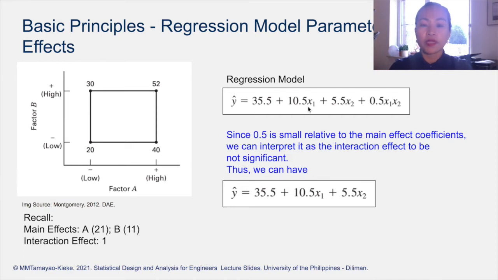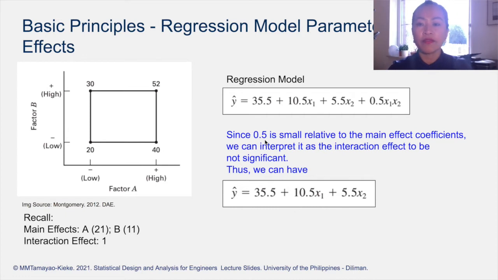Letting x1 represent the levels of factor A and x2 the levels of factor B, we get beta 1 by getting 1/2 of the effect of factor A, which is 21. Similarly, we get 1/2 of 11 for beta 2. And to get the interaction coefficient, we get 1/2 of 1. With this, our regression model for this experiment is as follows. Y hat = 35.5 + 10.5x1 + 5.5x2 + 0.5x1x2.